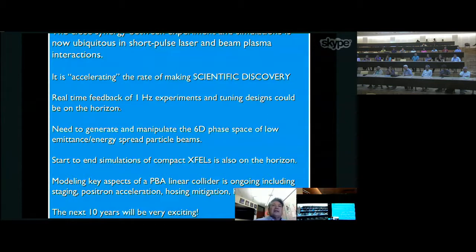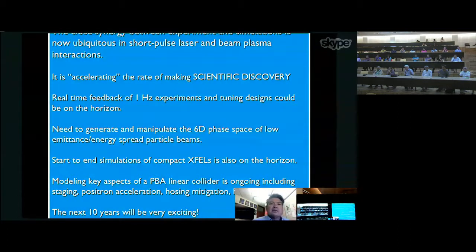The field, even though it's been in existence for a while, is still incredibly exciting and vibrant. Not only does it have these large project goals, which would be a linear collider or a compact light source, but the field of intense and short pulse laser plasma interactions is rich in basic and exciting physics.